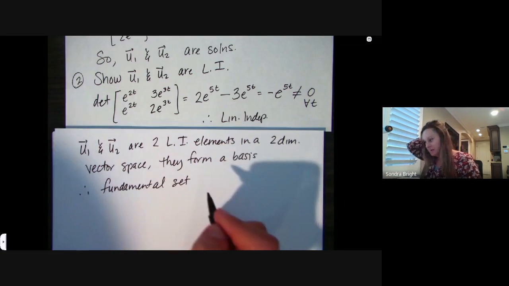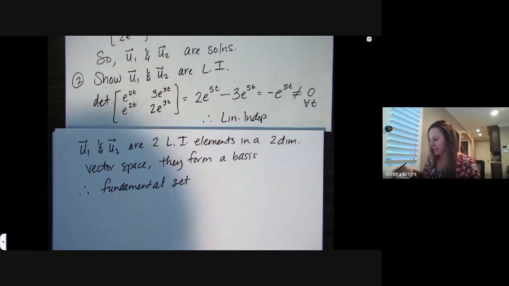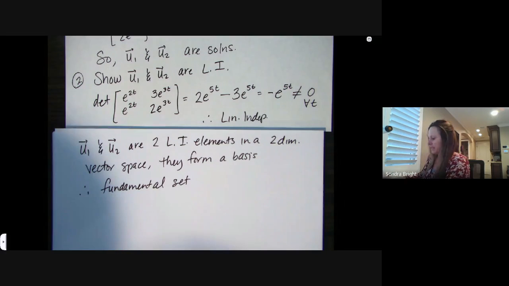So we had to verify that they form a fundamental set, and they do. The last part is to write the general solution.